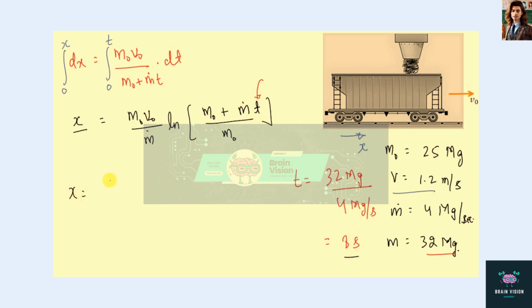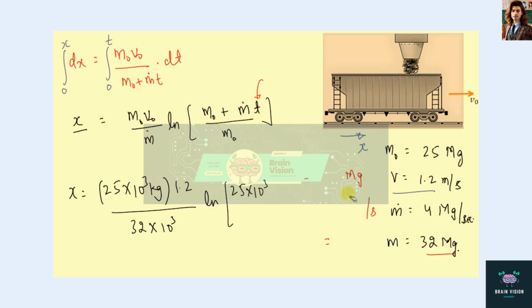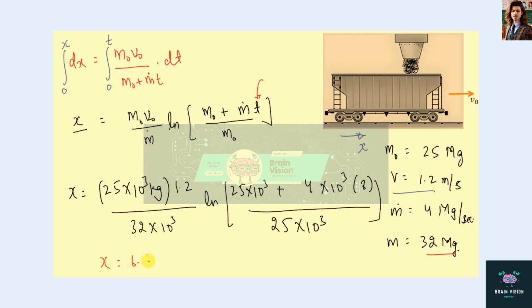So x equals 25 megagram converted into kg, times 10 to the power 3 kg, times v naught, the initial velocity, which is 1.2, divided by m dot, which is 4 times 10 to the power 3 kg per second after unit conversion, times natural log of 25 times 10 to the power 3 plus 4 times 10 to the power 3 multiplied by 8, divided by 25 times 10 to the power 3. Solving this for x, we get a value of nearly 6.18 meter.